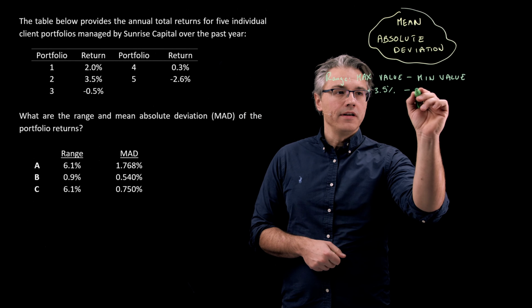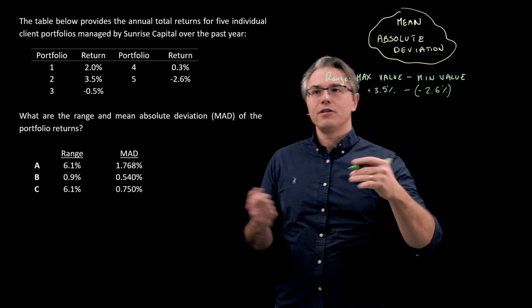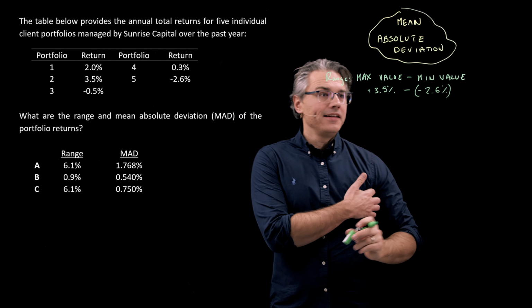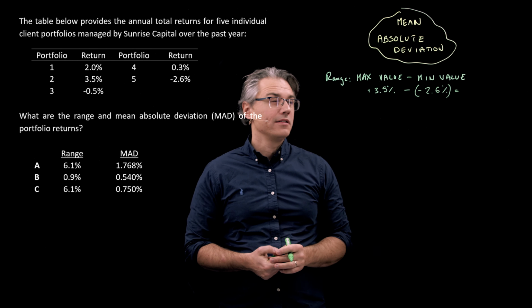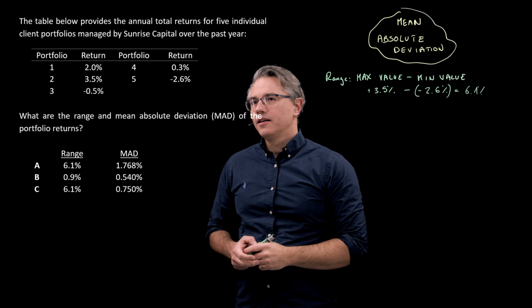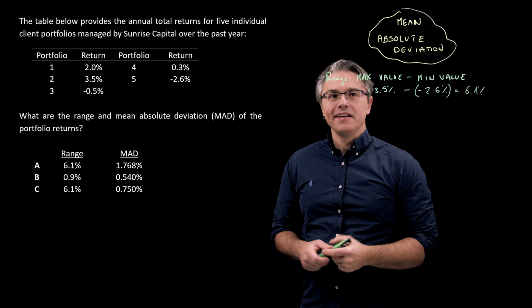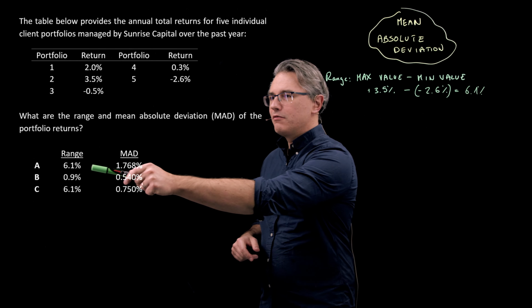So we're effectively deducting a minus 2.6, which equates to essentially adding this amount. Anyway, the range is going to be 6.1%.